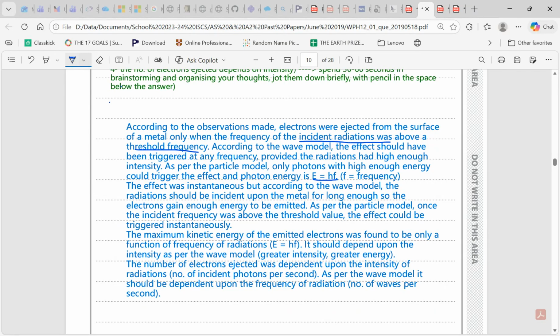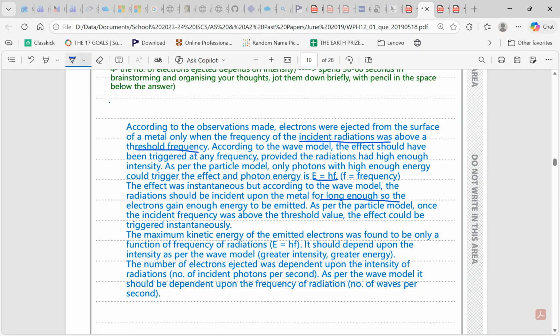Now, we are writing it all as a paragraph, not numbering them, or putting them as separate points. Next we have: the effect was instantaneous, but according to the wave model, the radiations should be incident upon the metal for long enough so the electrons gain enough energy to be emitted.